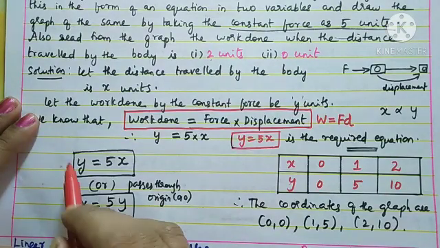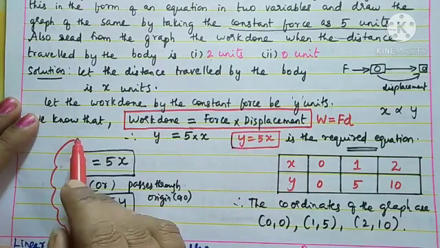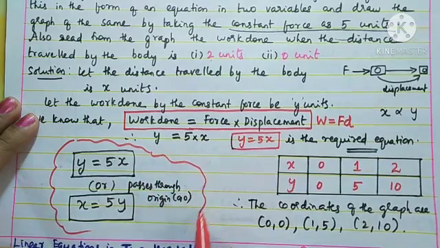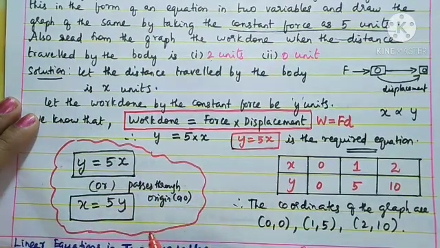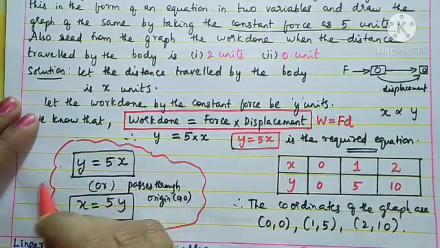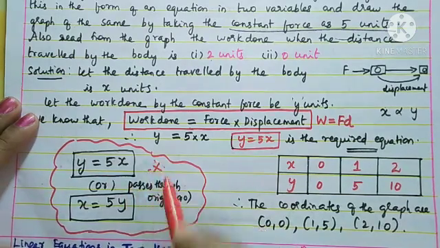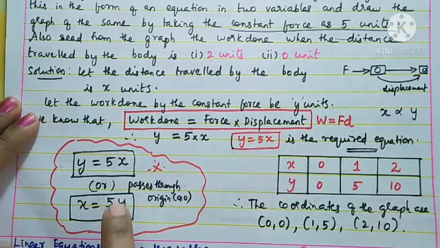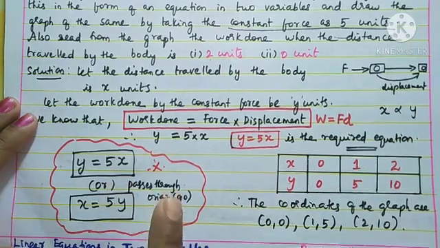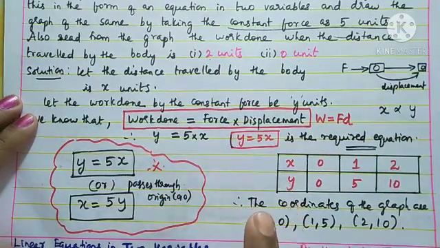So all of you want to remember this. This is not regarded to this problem, just I remembered this, so you want to remember. This type of equation always passes through the origin in the Cartesian plane.